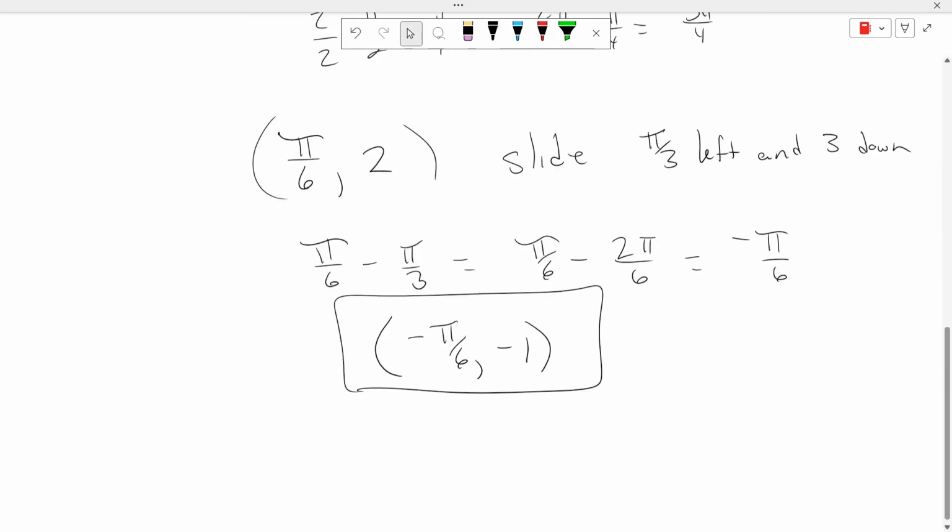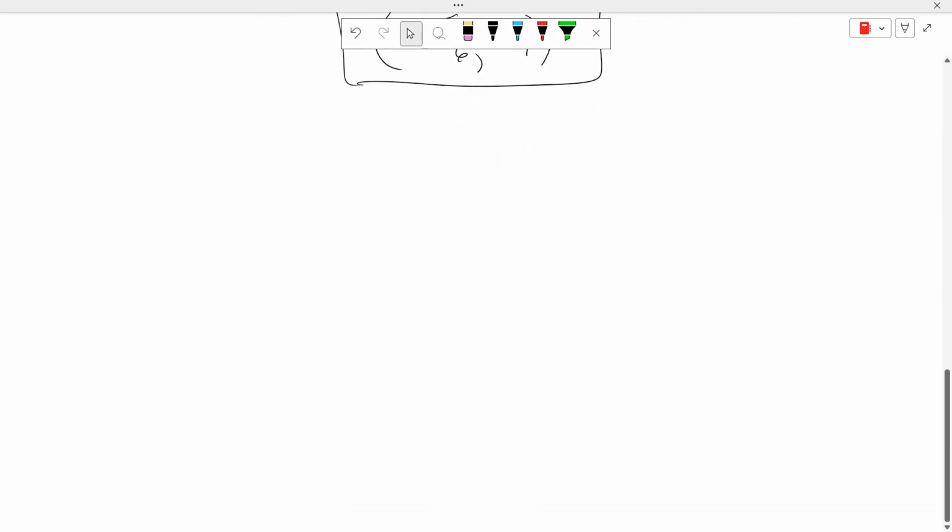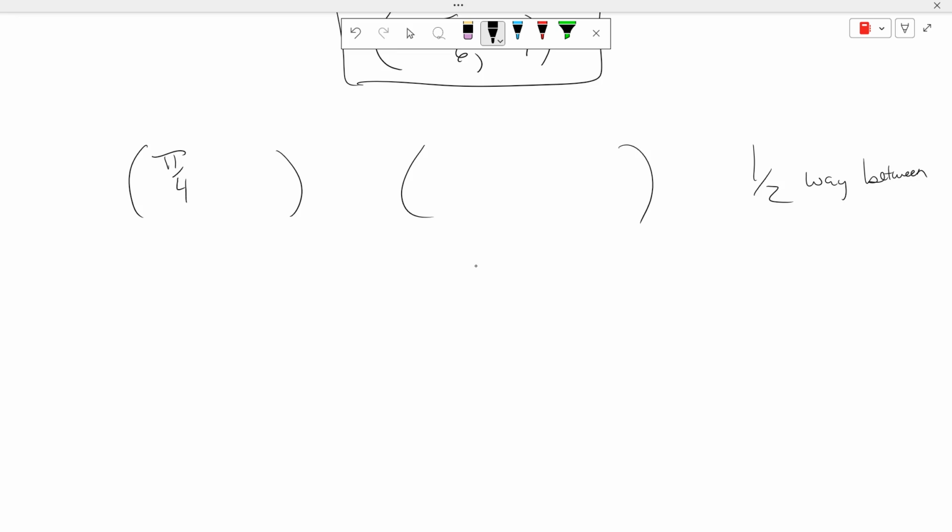Now, the last thing that we're going to do before I give you a short little assignment is find a point halfway between. Let's find a point halfway between pi over 4, 2, and 5 pi over 4, 6.